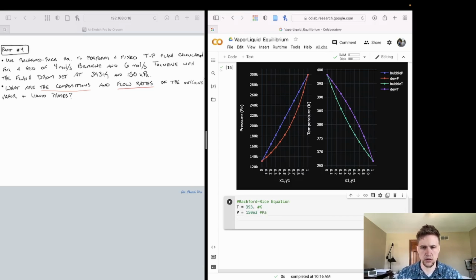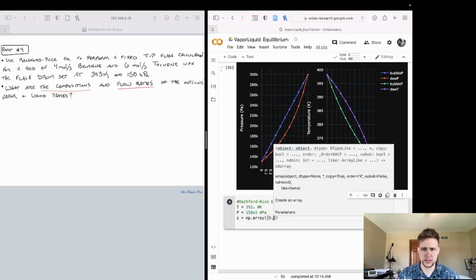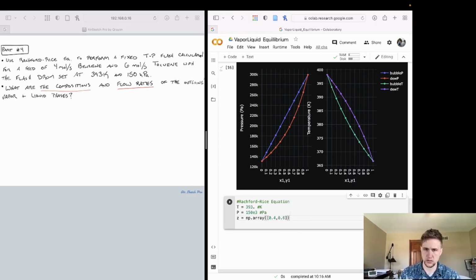And then our composition of the feed is 4 moles of benzene and 6 moles per second of toluene, so that is a 0.4 and 0.6 composition ratio. Then our feed is 10, in moles per second.